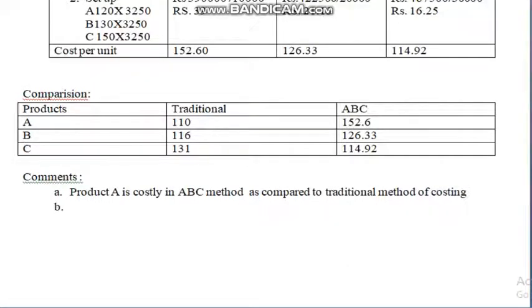Product B, again, is also costly in ABC method as compared to traditional method.